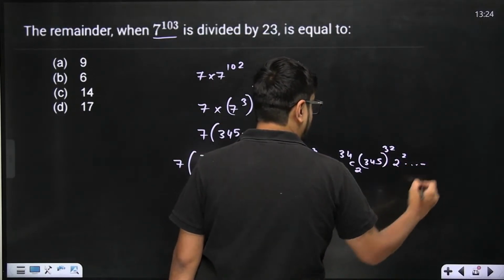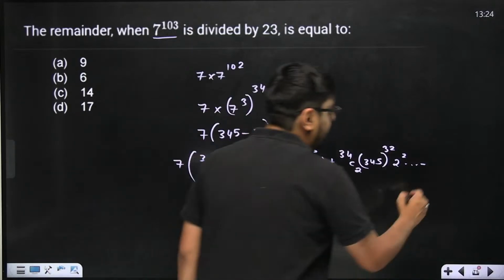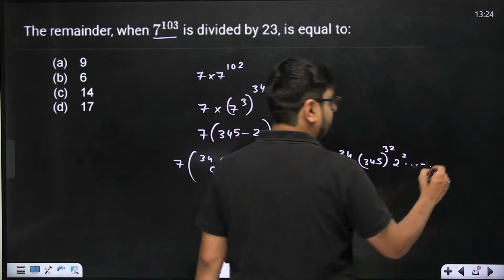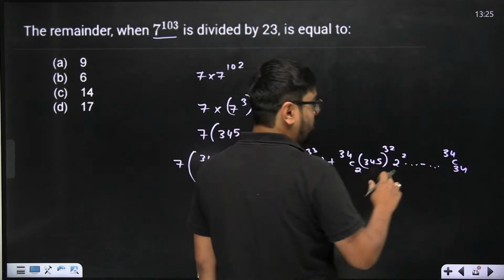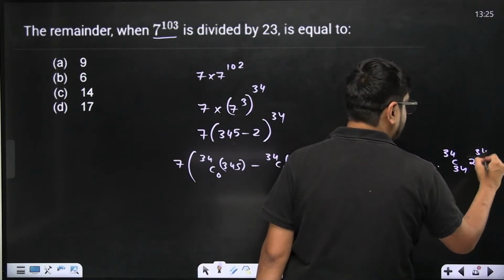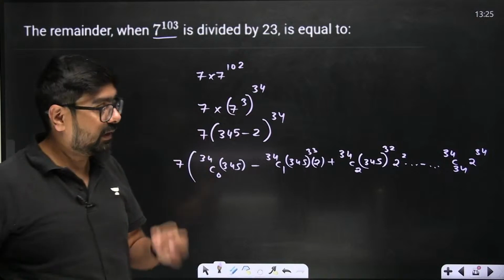It will keep going on like this, right? Last term will be 34C34, 345 to the power 0 and 2 to the power 34 will be there.